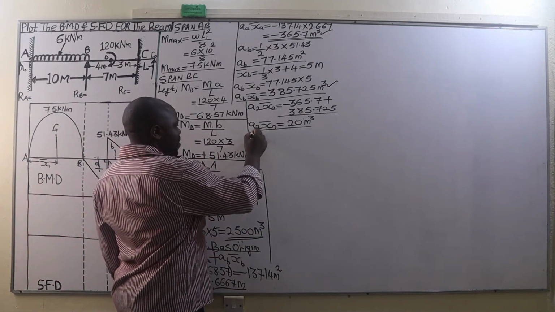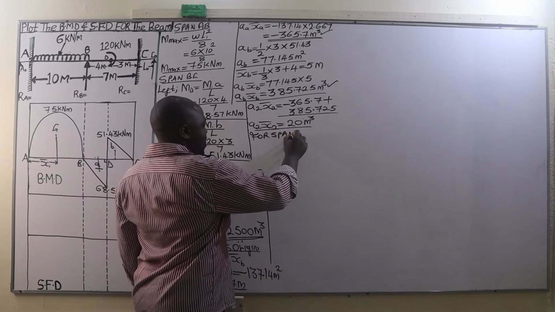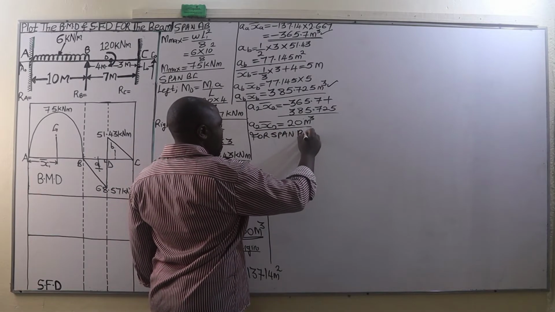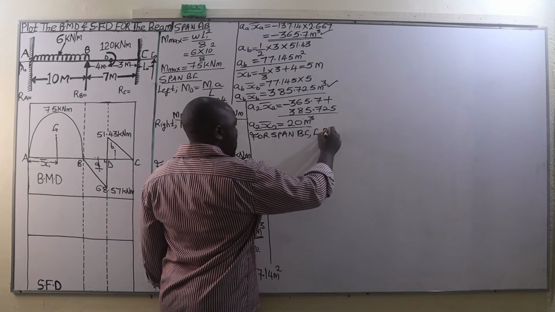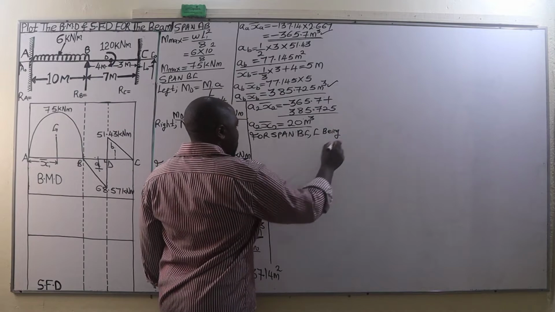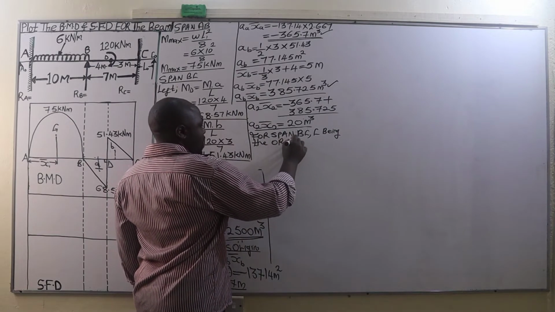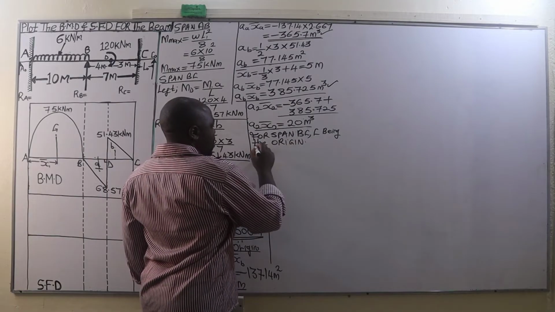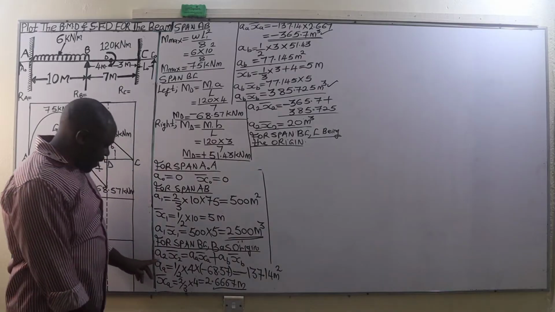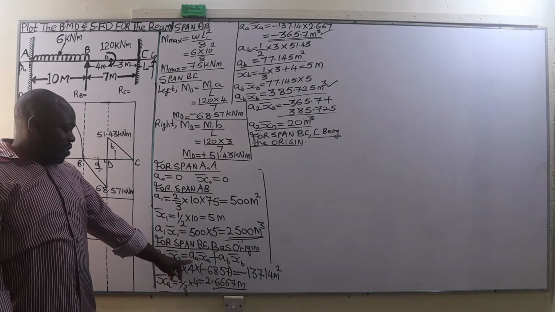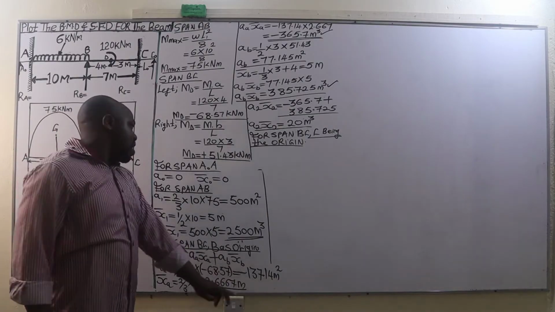Then from there we go to the same span BC, and in this case, C being the origin, we are going to have the same A2 bar X2, which will be equal to AA bar XA plus AB bar XB.